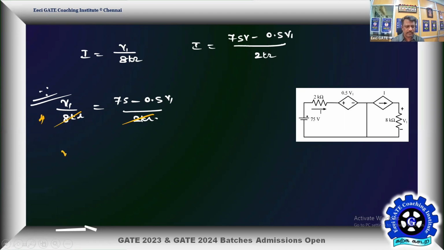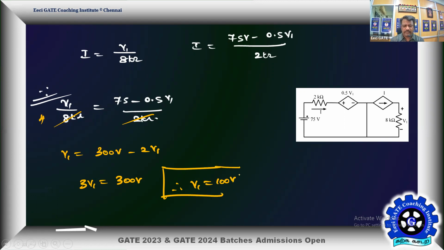So then I can write it as V1 is equal to 4 into 75, that is going to be 300 volts, then 4 into minus 0.5, it's going to be minus 2 V1. So as a result, I'll end up with 3 V1 is equal to 300 volts. Therefore, V1 is equal to 100 volts. So I can feed the answer as 100. But let me have a small verification.